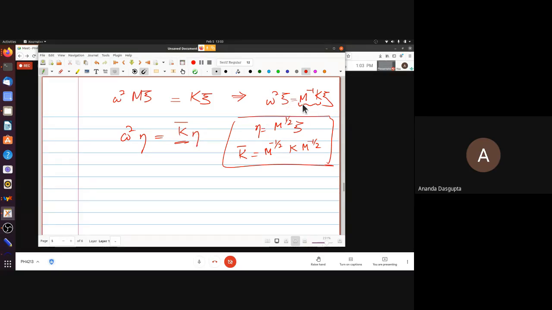Which is what makes K bar a better thing to use, for practical reasons as well as from the mathematical point of view.